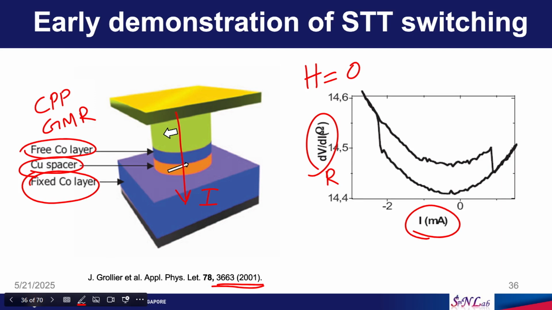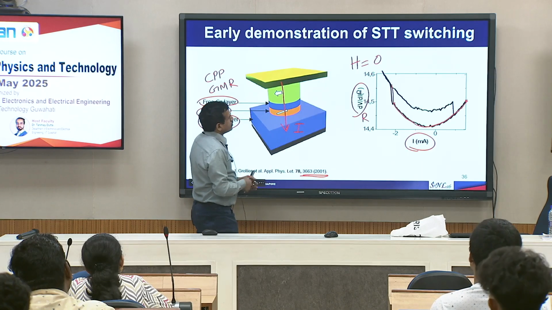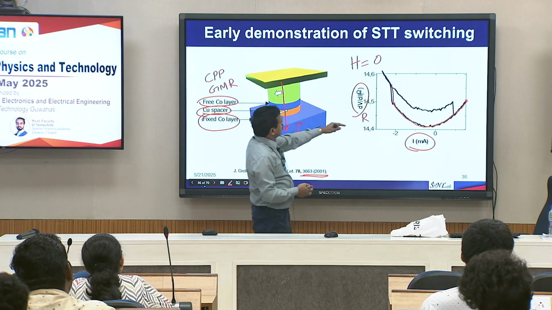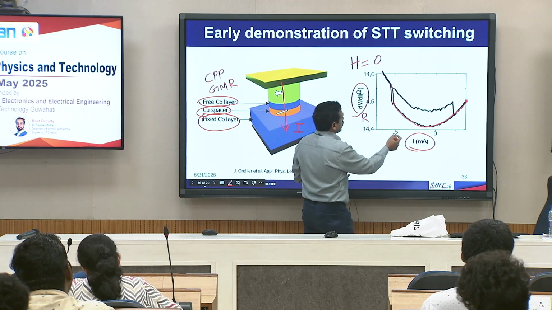Okay, let us say we start from here. We have a certain current and we go towards the other direction. Then suddenly you see a change in the resistance. Okay, that is because the current in this particular direction has changed them from parallel state to anti-parallel state.